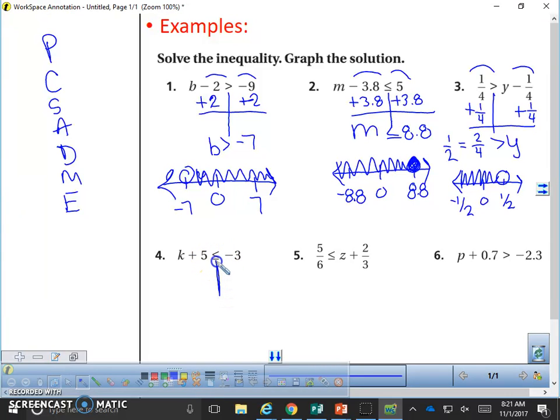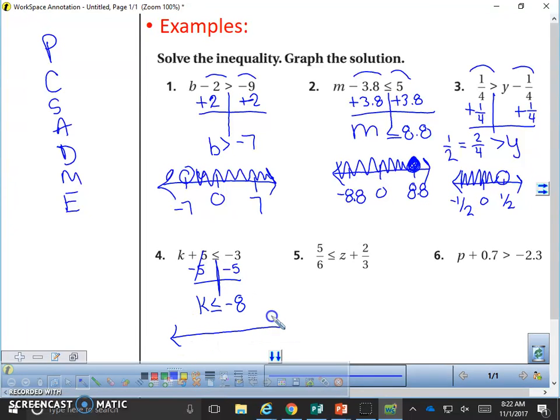Here's your sides. Write the problem down, drop down the line of equality so you know which side is which. Undo addition with subtraction. We subtracted the same number from both sides, so the statement's going to remain true. k is still going to be less than or equal to -8.